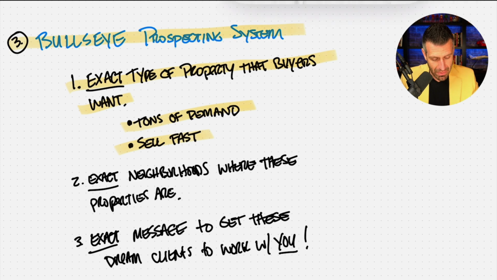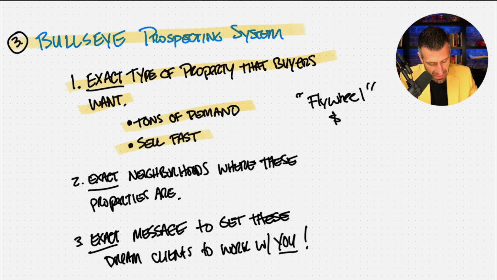Now, when this happens, something amazing happens: you start to create this flywheel effect in your business. If you've never experienced this before, when you get one of these listings, it attracts a ton of clients. And when you start to attract a ton of clients, not only do you get it sold fast, but then you start to attract more clients.